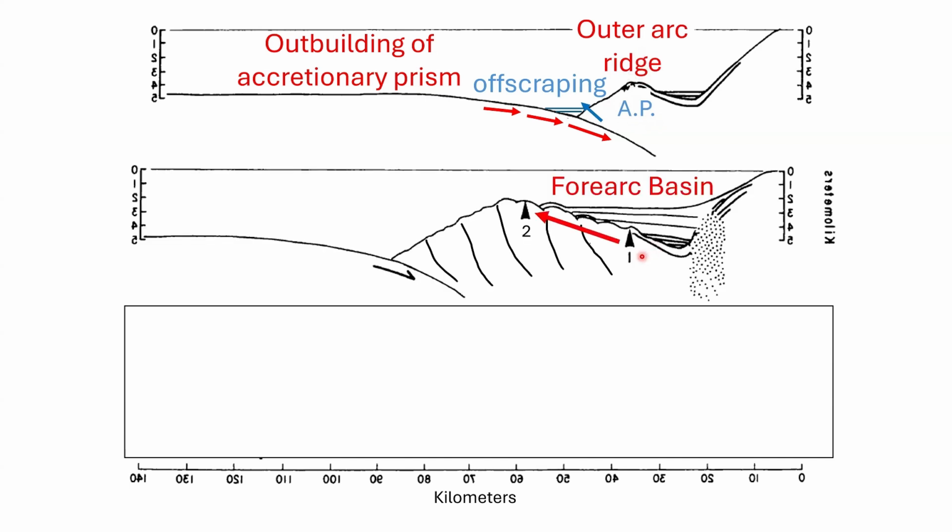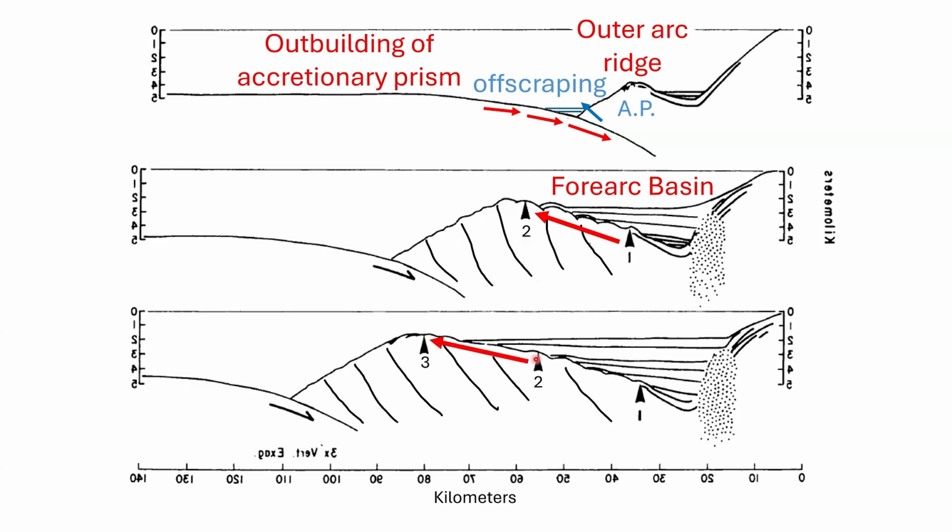With time, this point here started there a few million years later. More and more sediment is added. More sediment is trapped in the forearc basin. So the high point of the outer arc ridge migrates seaward.